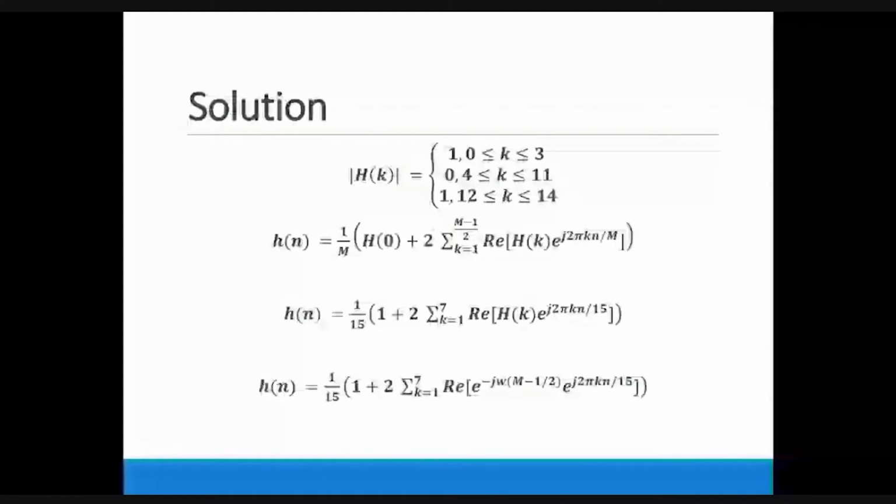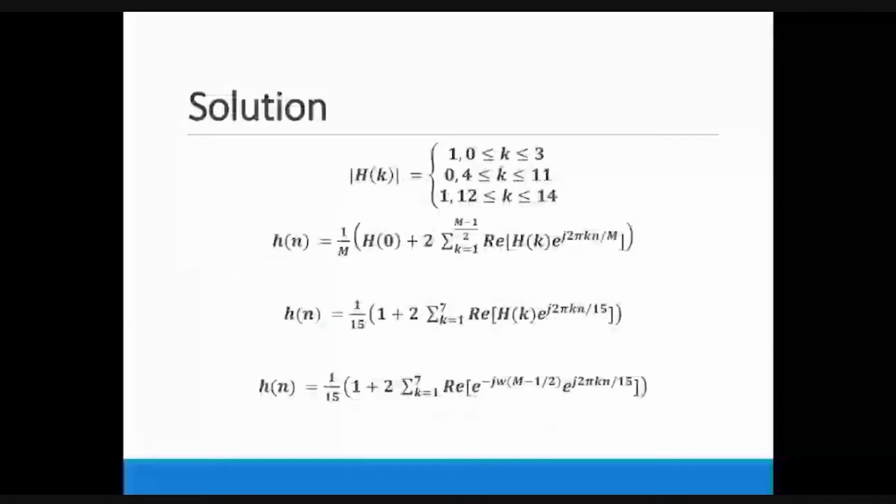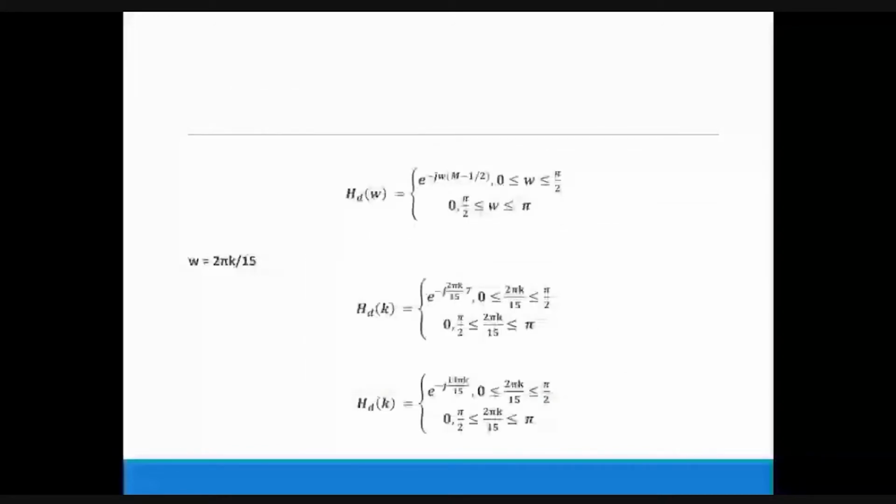Now we apply the value of omega and the value of M in this equation and simplify it. Whatever we have written earlier, e raised to minus j omega M minus 1 by 2, this equation comes from the ideal frequency response H d of omega, which can be written like this: e raised to minus j omega M minus 1 by 2 for the values of omega from 0 to pi by 2, and for the values of pi by 2 to pi you have the 0 value.